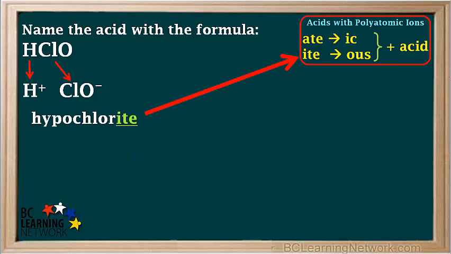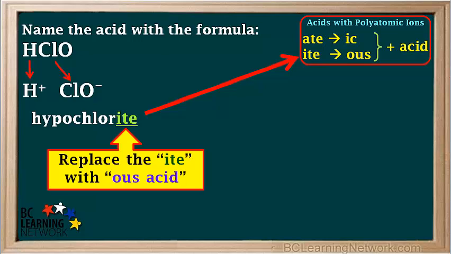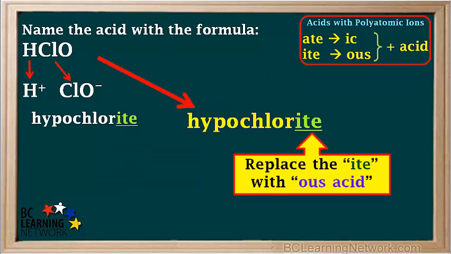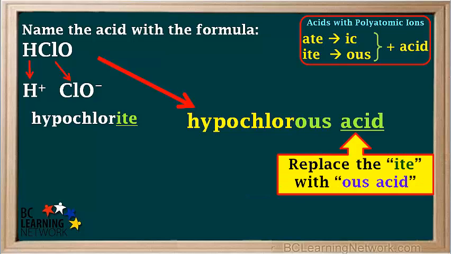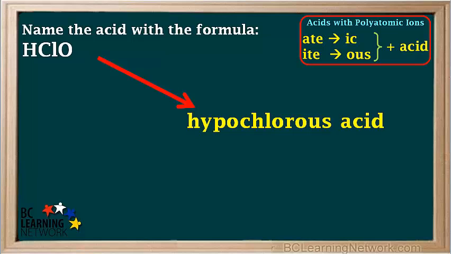The rule for acids with polyatomic ions that end in ITE is replace the ITE with OUS and add the word acid. So hypochlorite becomes hypochlorous acid. So to summarize, the name of this acid is hypochlorous acid.